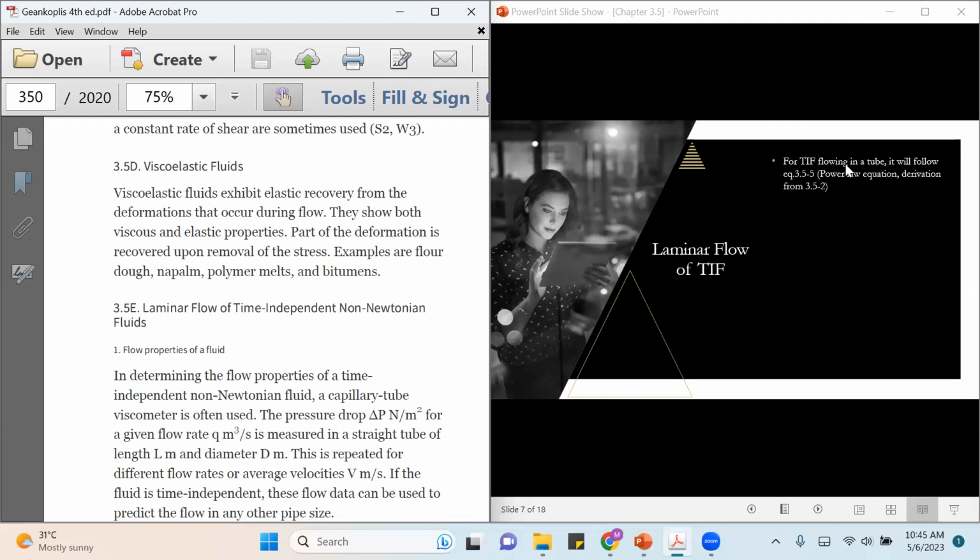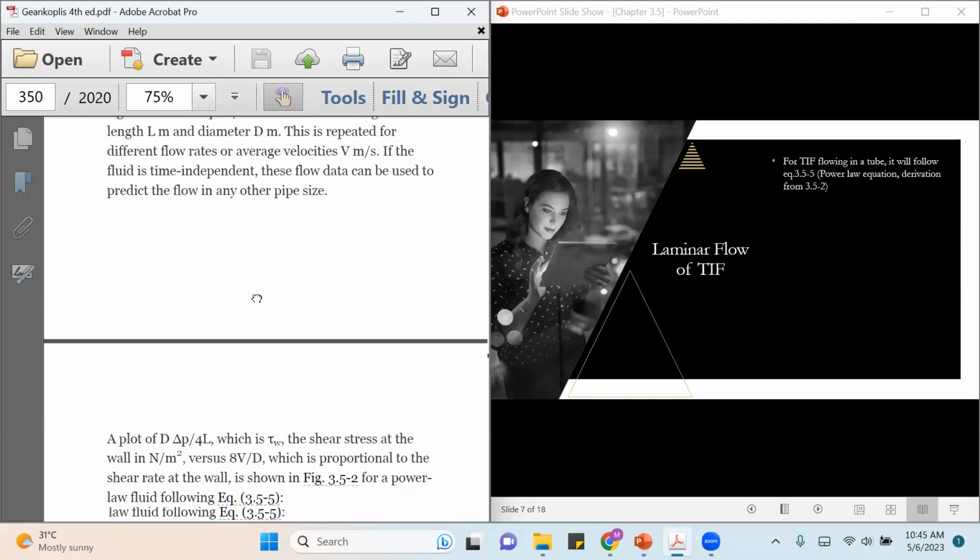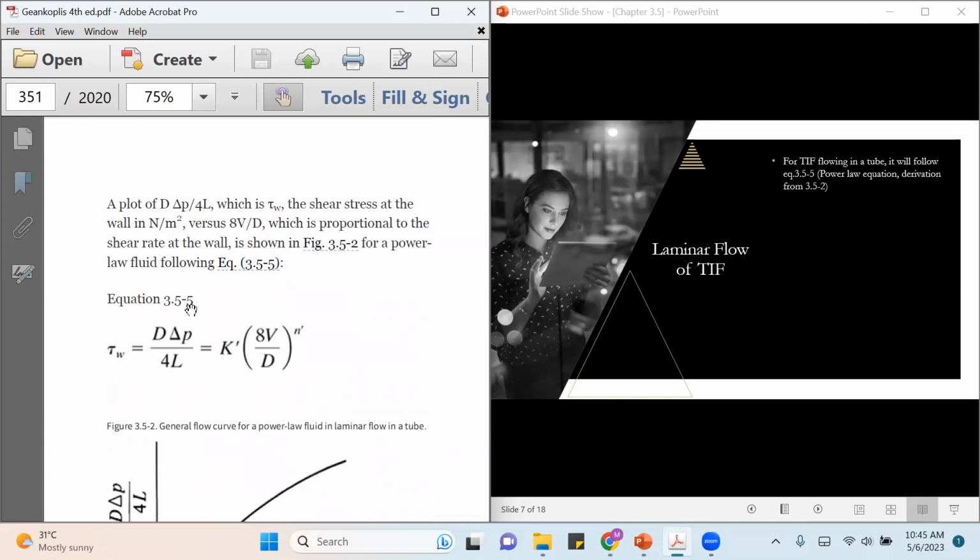for TIF flowing in a tube, it will follow equation 3.5-5, which we call the power law equation.